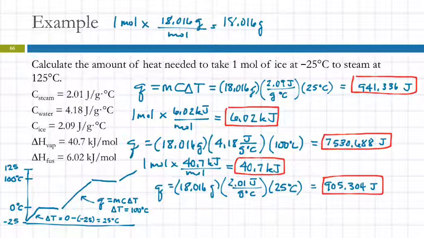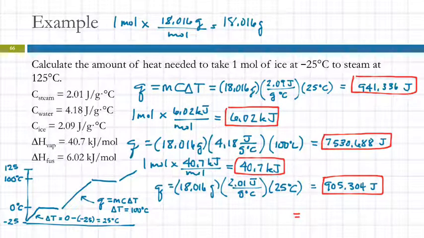I'm going to convert the joules to kilojoules. So I'm going to have 0.941336 plus 6.02 kilojoules plus 7.530688 plus 40.7 plus 0.905304 equals.